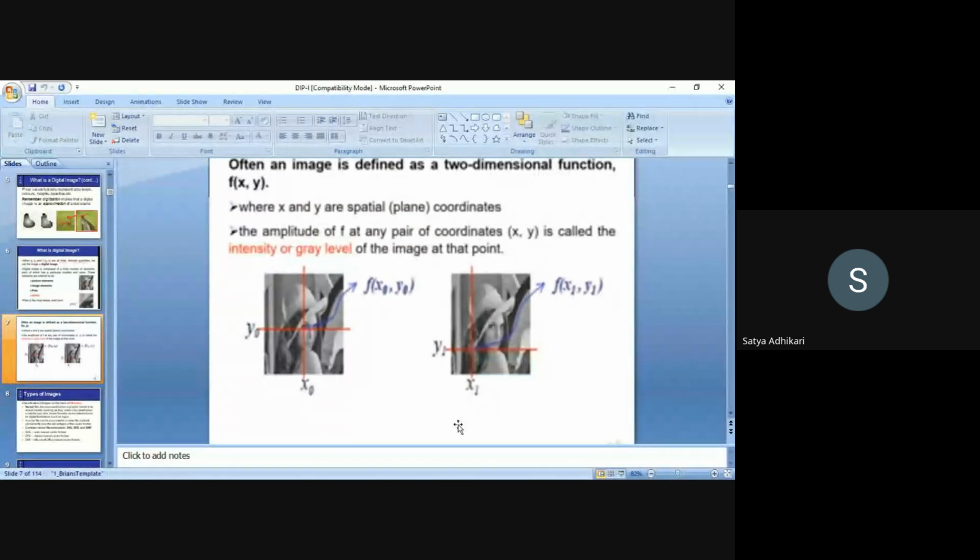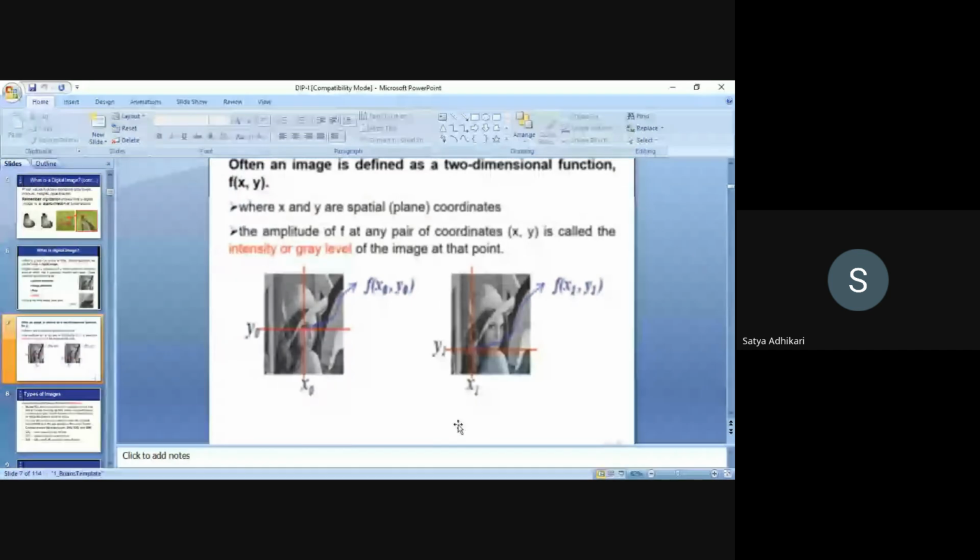That is the location x0 y0 on the screen, and the value of x0 y0, what the color or the gray level value of that point is, is known as f of x0 y0.